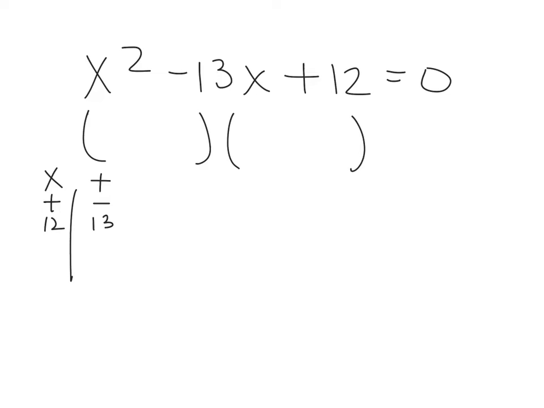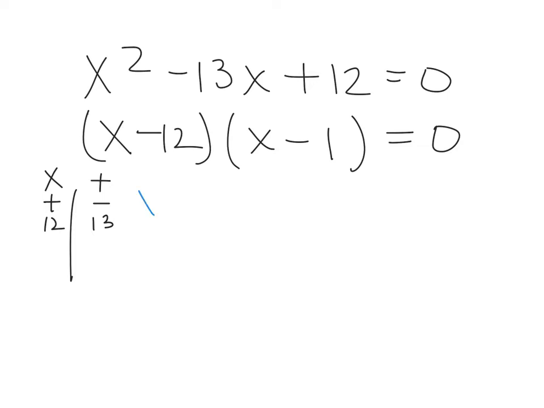Others of you, maybe you just figure it out. It's negative 12 and negative 1. So my answer is X minus 12, X minus 1. Now, when we were factoring, we'd be done, but we're not done. This equals 0. So how do I find my two solutions? Once I'm in factored form, it tells me exactly what I'm going to solve for.